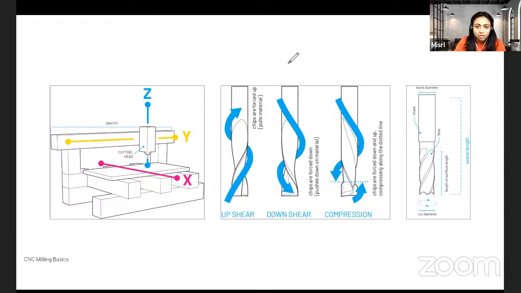The only reason I show this is to understand the difference between a normal drill bit and something that has certain profiles, like compression drill bits. And what we'll be using today is something that is spherical at the tip.